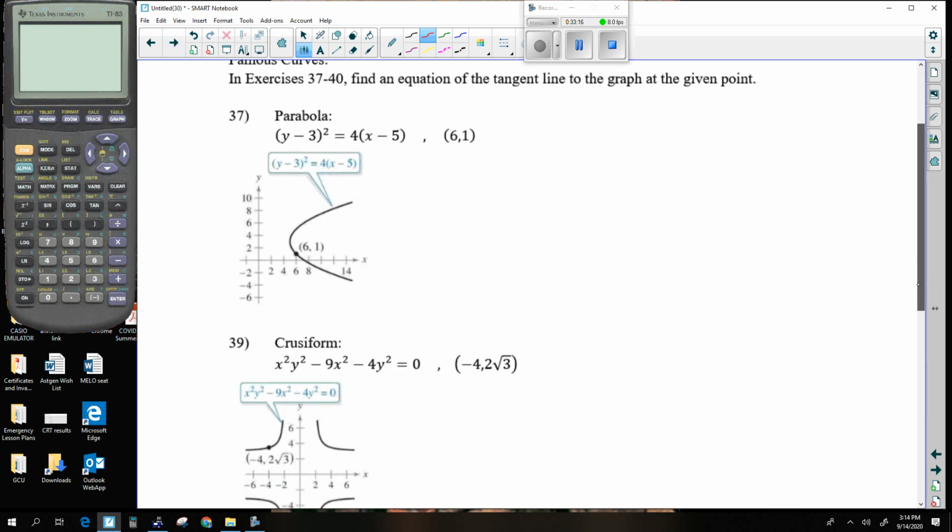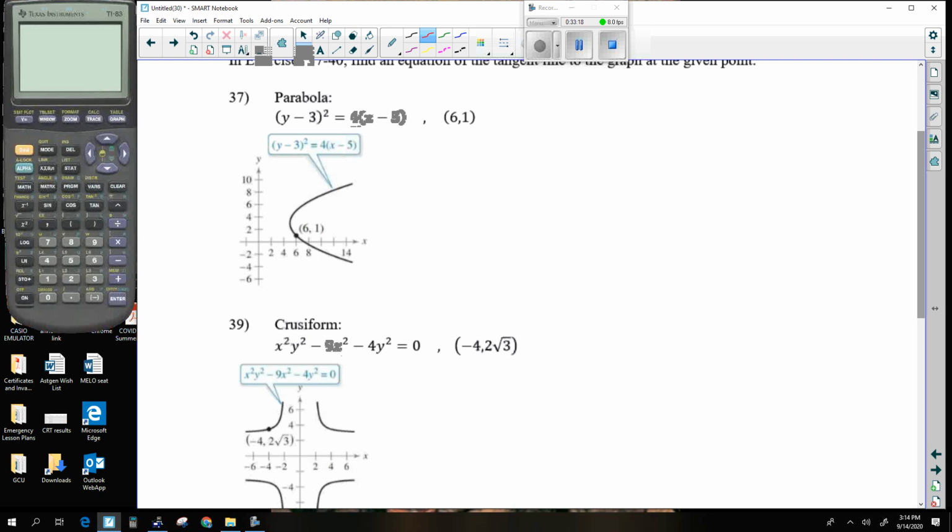Okay, more derivatives. This is a big assignment. 2y minus 3 to the first power times chain rule. There's the derivative, is equal to 4.